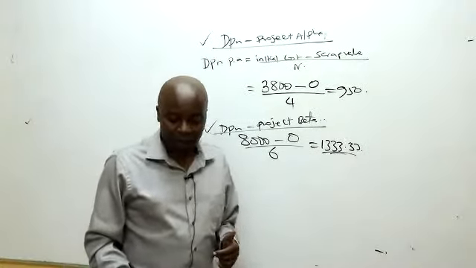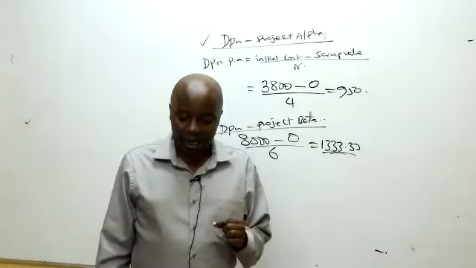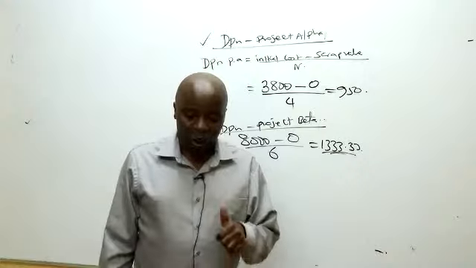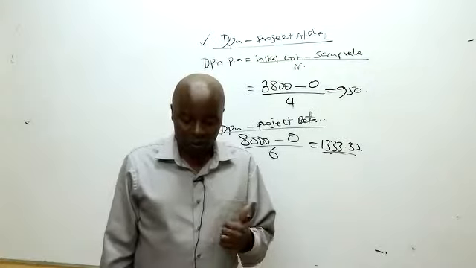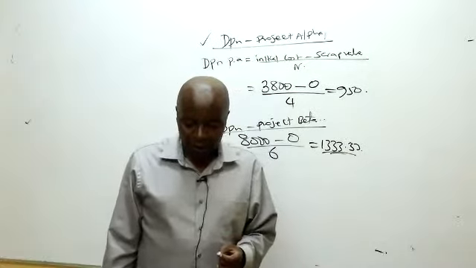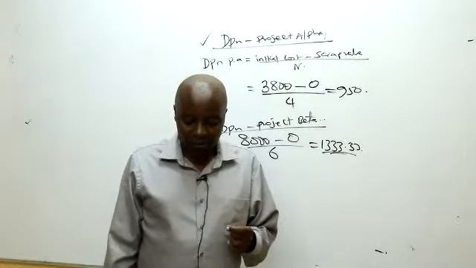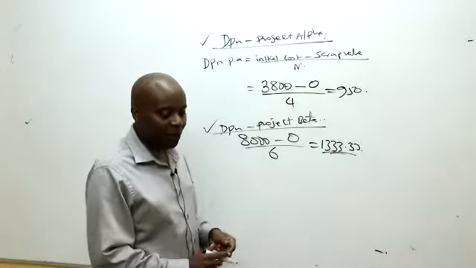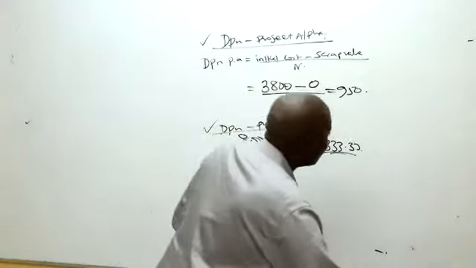Now, ladies and gentlemen, look at the question required using discounted payback period method. So the key thing there is discounted. And remember, we do not discount profit. We normally discount cash flows. So you can see they have given us the project Alpha pre-tax cash flows.